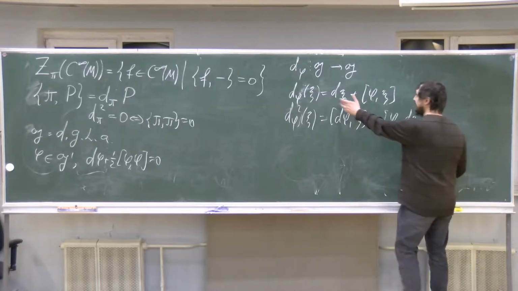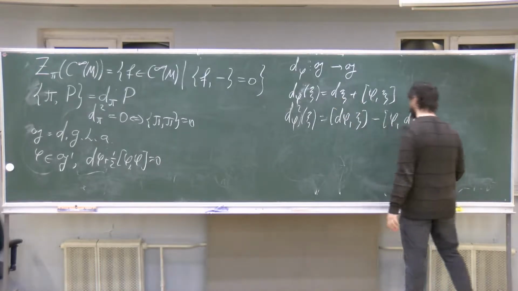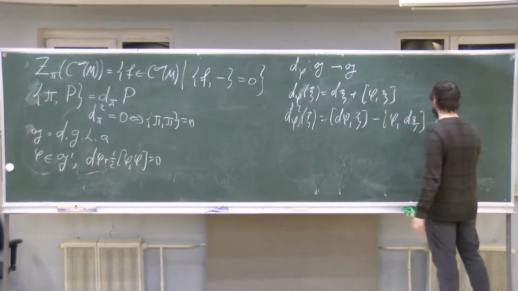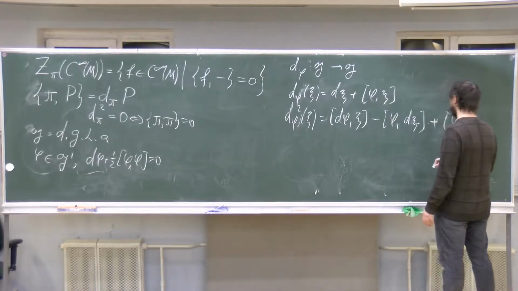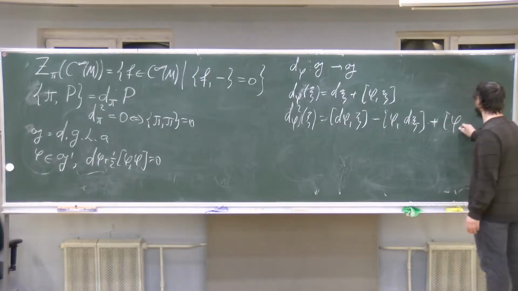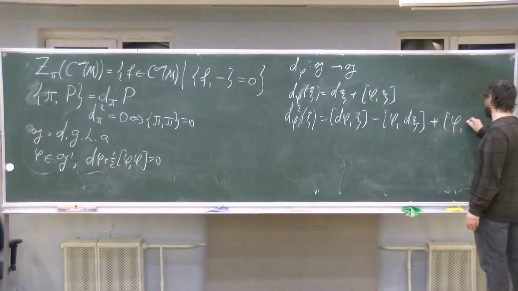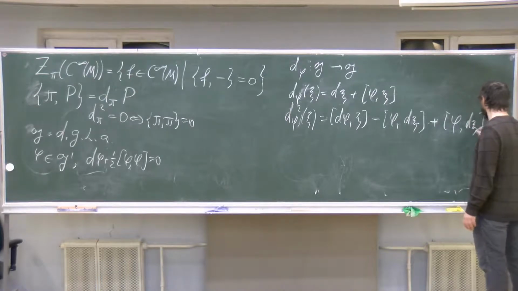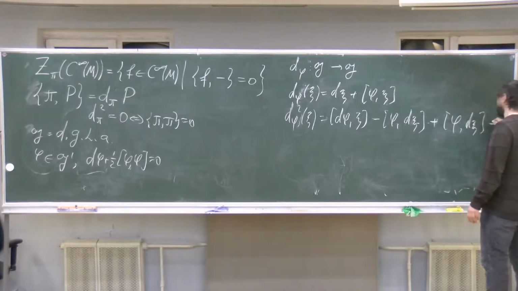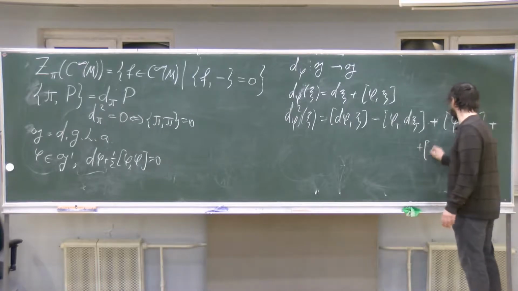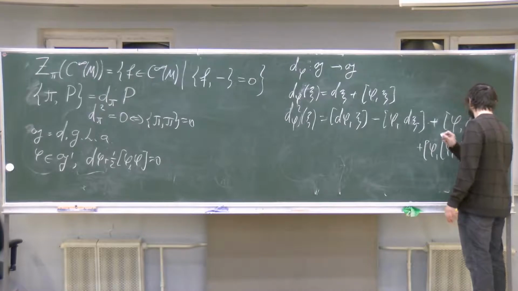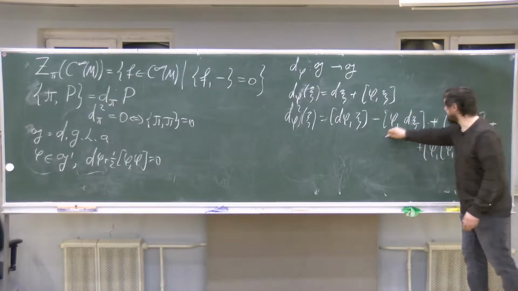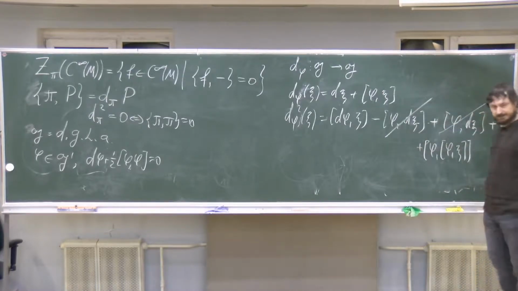That's when we apply d here, but then we also need to apply the other term. This gives us the bracket of phi and d psi, plus the bracket of phi and the bracket of phi and psi. So these two terms cancel out at once.